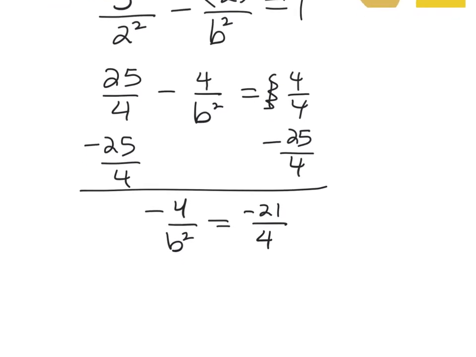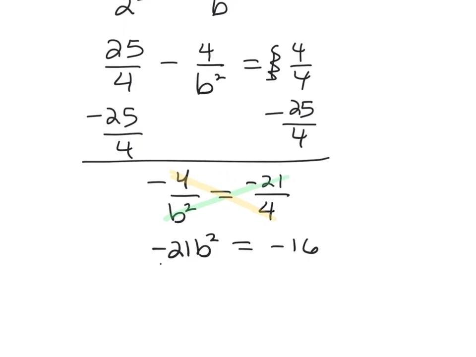Again, I'm going to solve this as a proportion. So I'm going to multiply this times this. I end up with negative 21b squared equals negative 16. Divide by negative 21, and b squared equals 16 over 21.